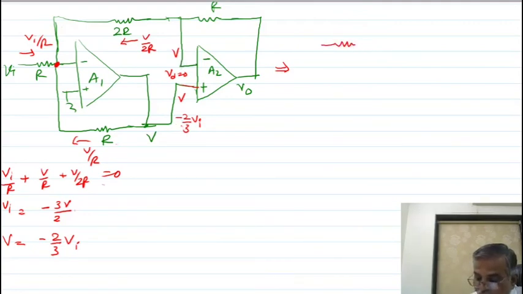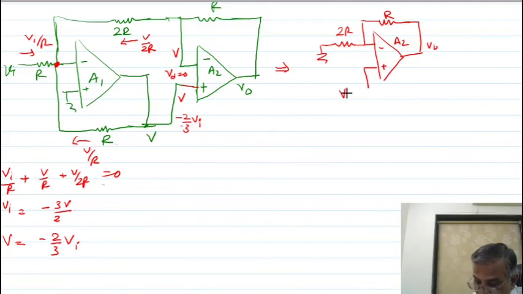The third part, A2, I can draw like this. This is a 2R, minus, plus, this is resistor R. This is the A2 op amp. This voltage is minus 2 by 3 Vi.